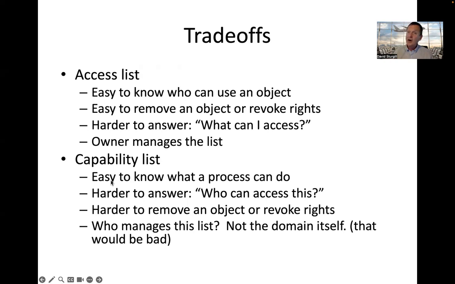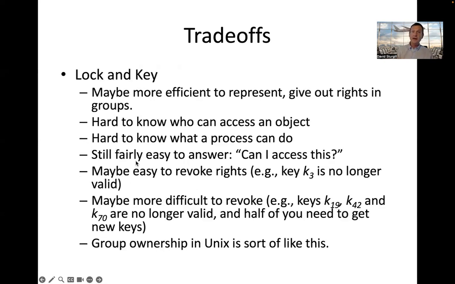There should be a hopefully short list you have to check to see if the access right you want is on that list. For access list, it's a list associated with the object. For capability list, it's associated with the domain. For lock and key, I might have to do a little bit more work. I've got to look on the list for the object, and I've got to look on the list for the domain and see if there's a matching key that lets me use the access right I want.